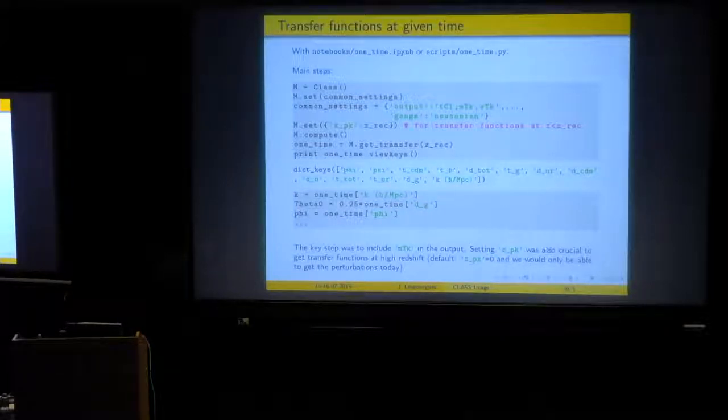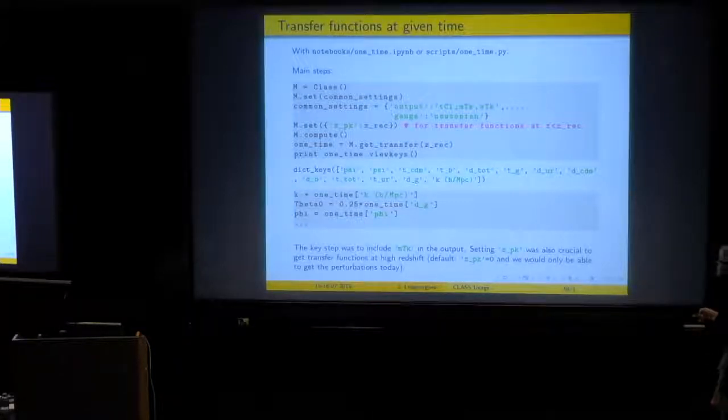There is one column for k, of course, because we want to plot things as a function of k. And the other columns are the metric fluctuations. The t's are the theta, in fact, the velocity divergence of the different species. The d's are the delta, the density perturbation of the different species. So I have them for ultra-relativistic species, cold dark matter, baryons, photons, and the total, and the same for delta.